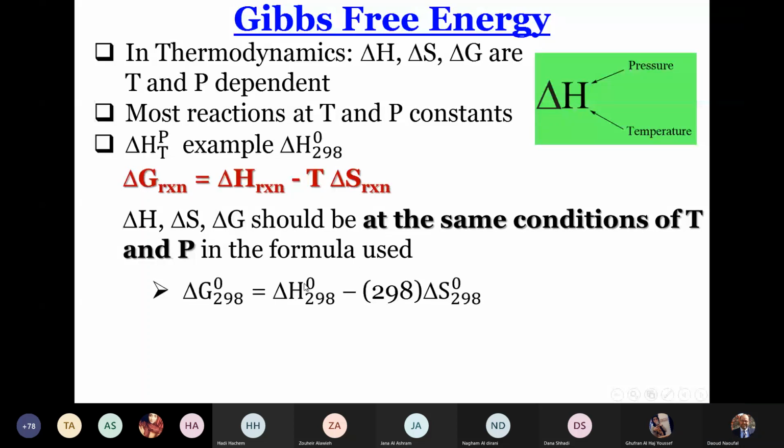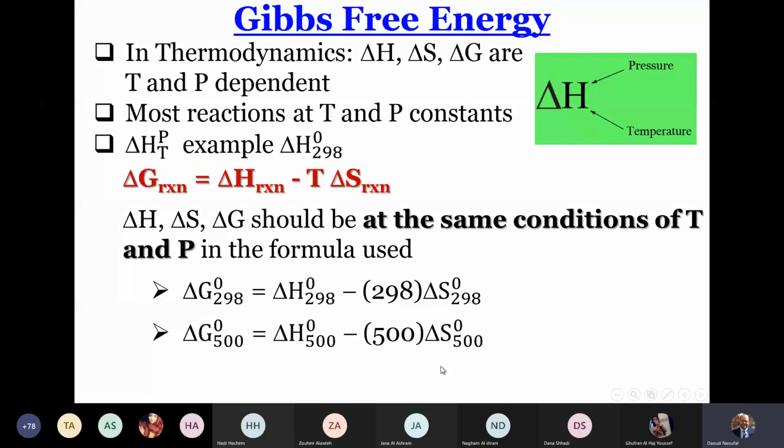For example, a student can write delta G0 298 equals delta H0 298 minus 298 delta S0 298. The writing of this formula is correct. Delta G, delta H, delta S are at the same temperature mentioned and the same pressure. Another student can write delta G0 500 equals delta H0 500 minus, so the temperature should be 500, delta S0 500. Also, this form of the formula is correct.